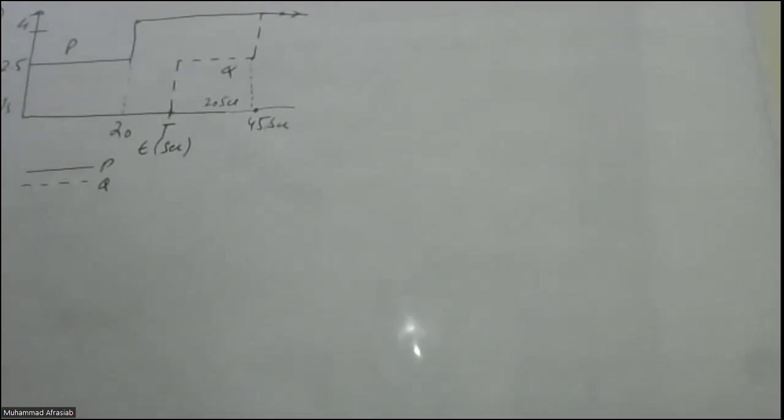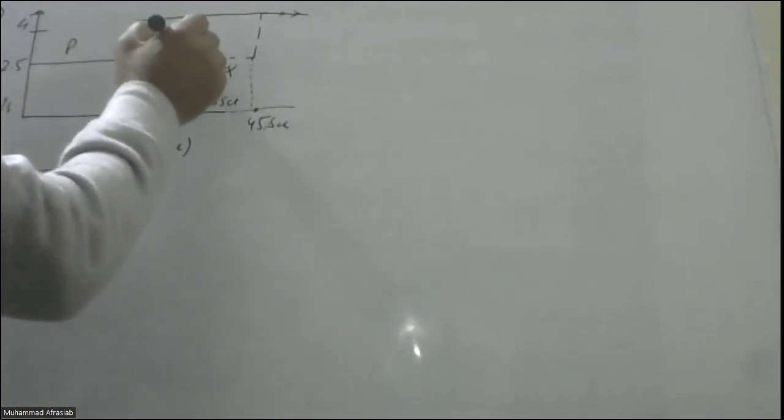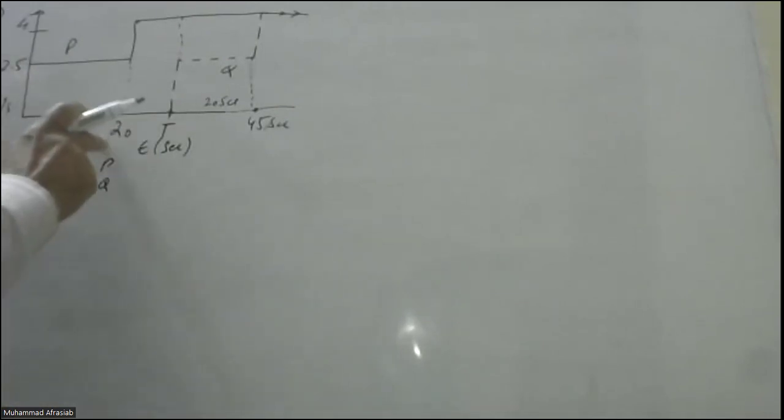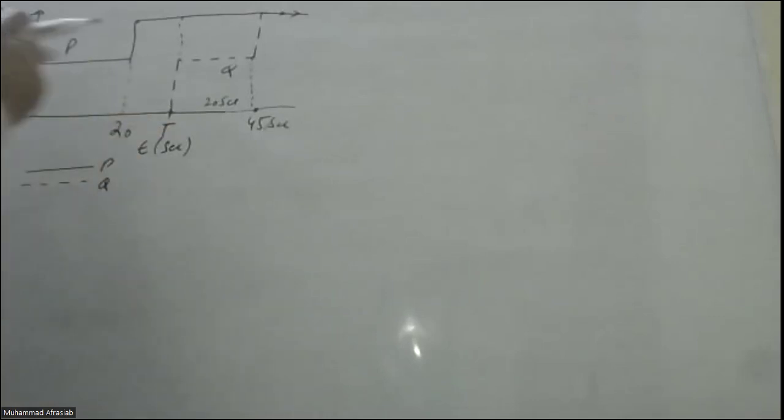The particle P is represented by a full line and the particle Q is represented by dotted lines. The first part is we have to show the displacement time graph for the particle P till the particle Q starts its motion. Up till 20 seconds, the speed is 2.5 meters per second, and after 20 seconds its speed is 4 meters per second.